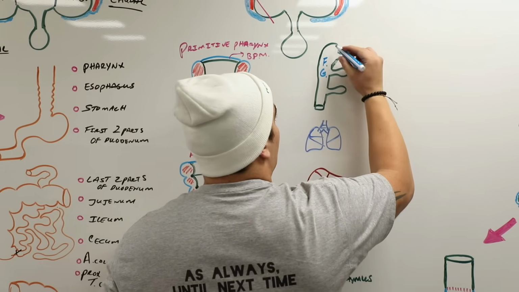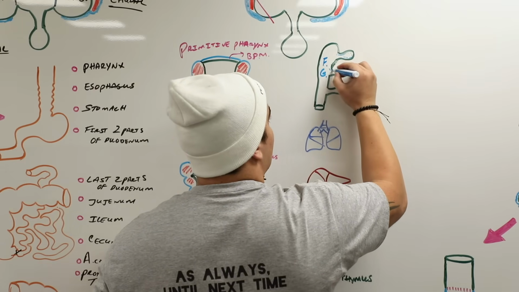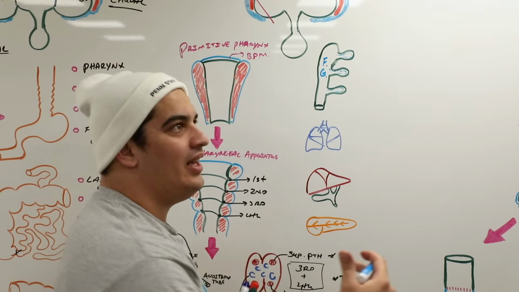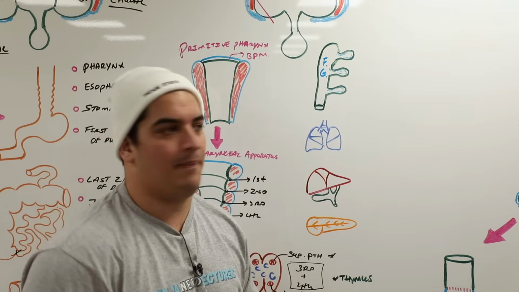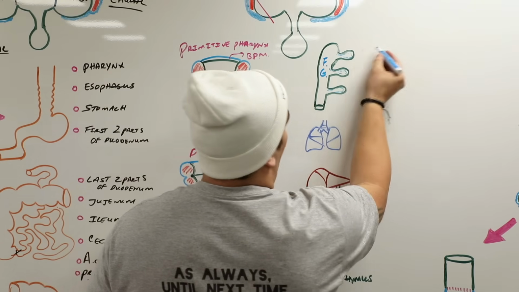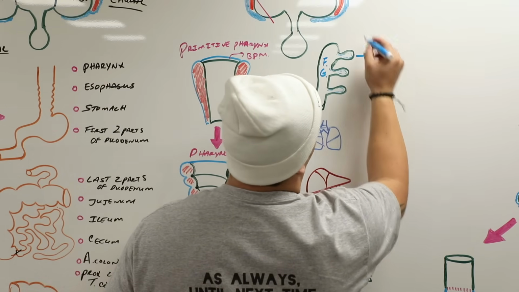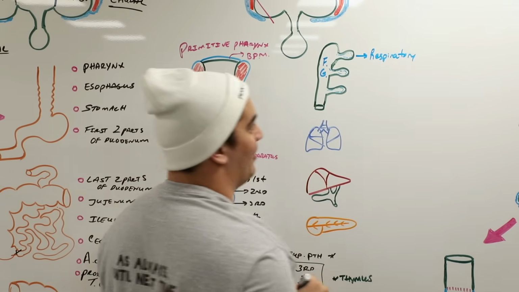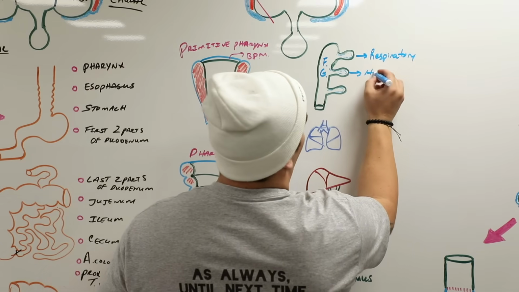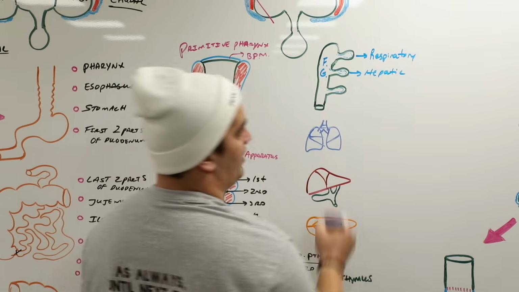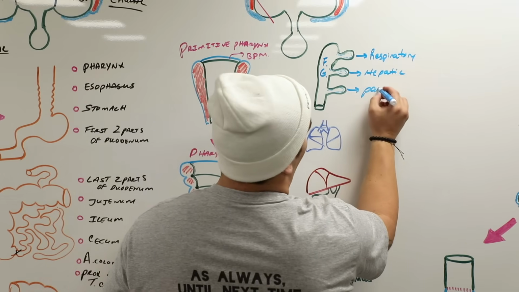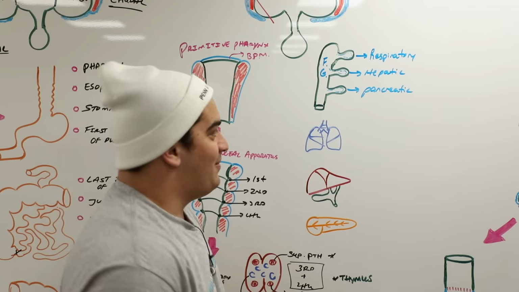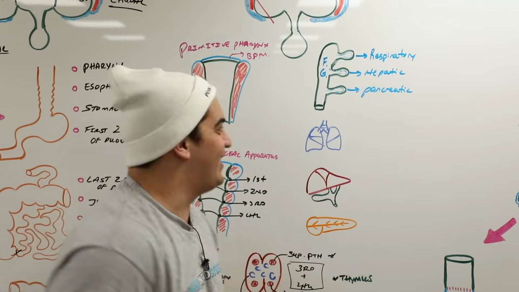Coming off of this gut tube, some of the endoderm cells move into these little pouches and help to make other structures, GIT associated organs, let's call them. What are these little pouches or buds that come off of them? One is called the respiratory bud or the respiratory diverticulum. The other one is called the hepatic bud or the hepatic diverticulum. And then the other one is called the pancreatic bud or the pancreatic diverticulum. Obviously their names pretty much give you the answer.